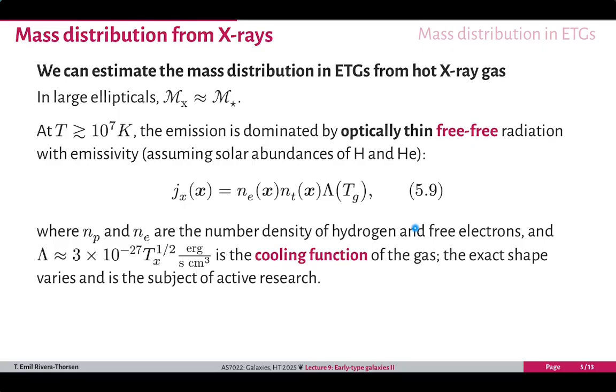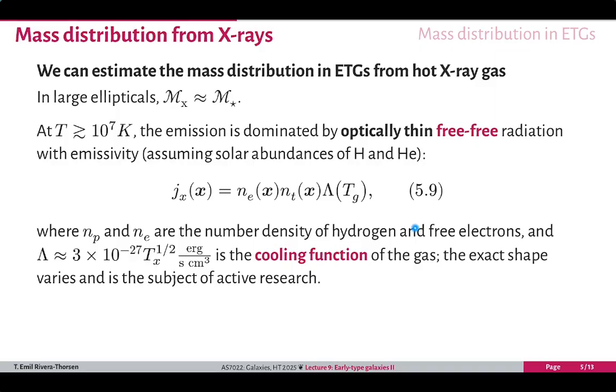And so we also know that just like the emission from 21 centimeters, X-ray emission is also optically thin. So if we can find a relation between the luminosity in X-rays of a gas and its mass, then we can use the measured flux of X-rays to directly infer the gas mass in the system that we are observing.